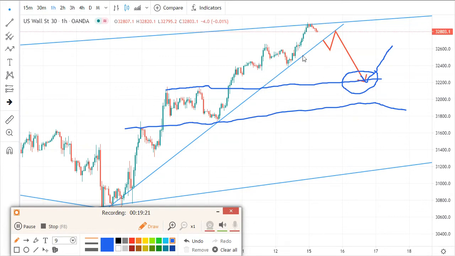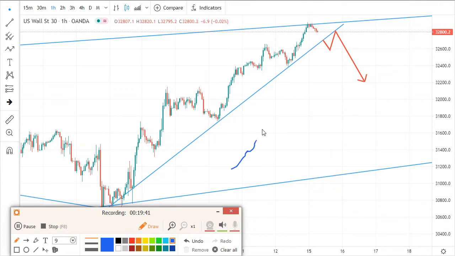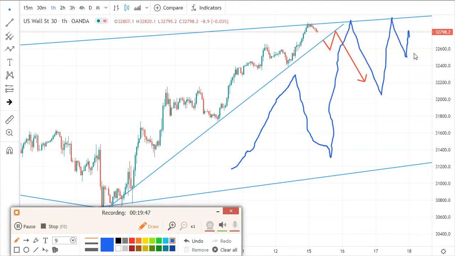It doesn't have to go like this. So the market can still come back and create another bullish momentum, even if the fundamentals are positive. Know that the market won't just go straight. The market has to breathe, go up, breathe, go up, breathe, go up.